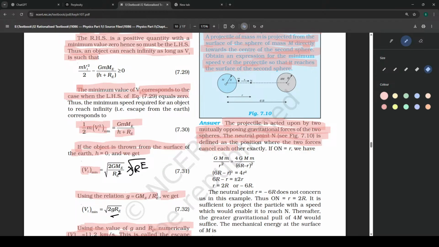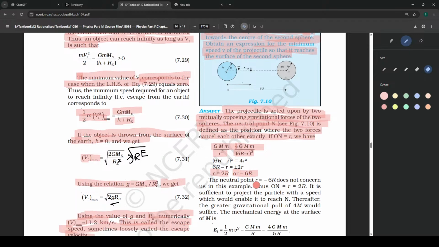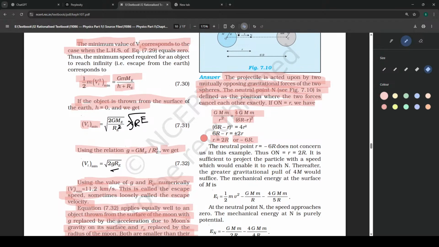If ON is equal to R, then GMm by R square equals 4GMm by (6r minus R) square, where we'll finally get R, which is either equal to 2r or minus 6r. But minus 6r does not concern us in this example. Therefore, we will use R equals 2r.